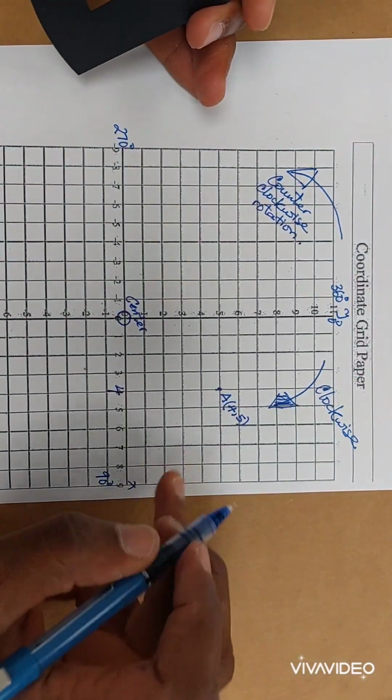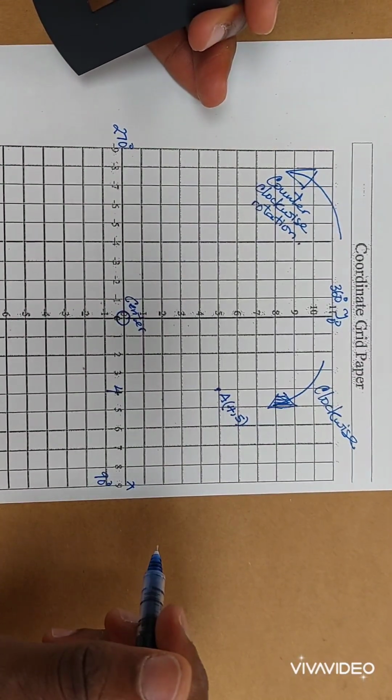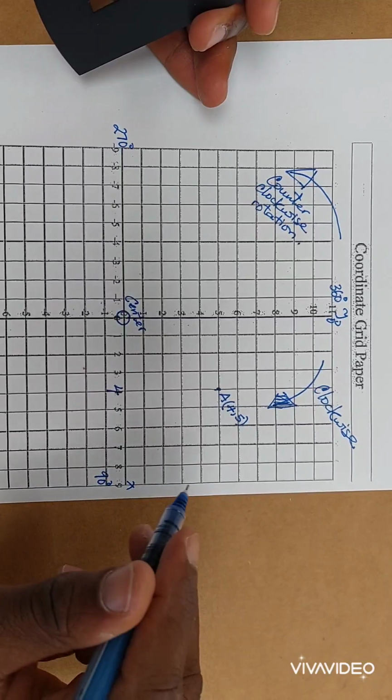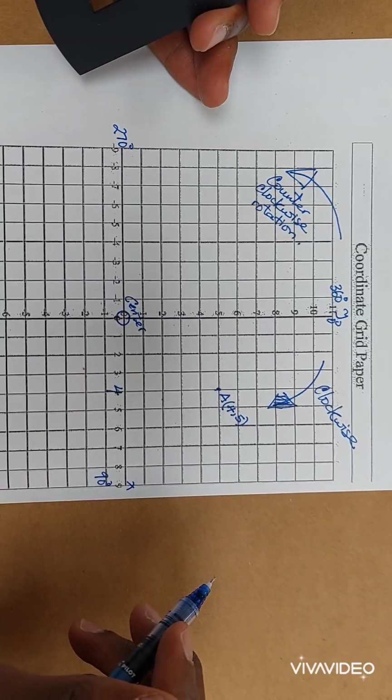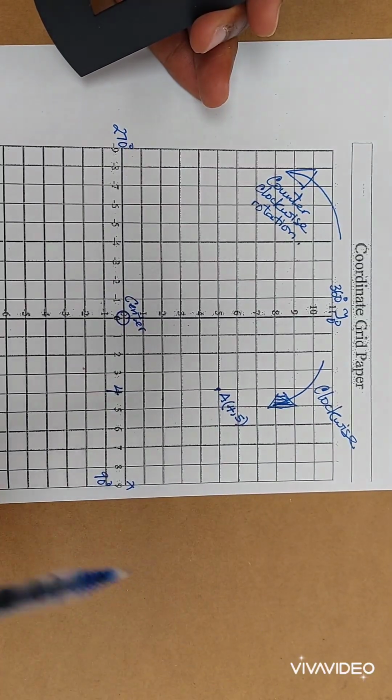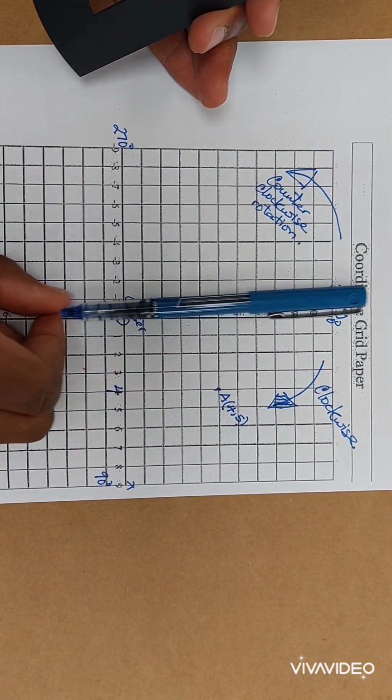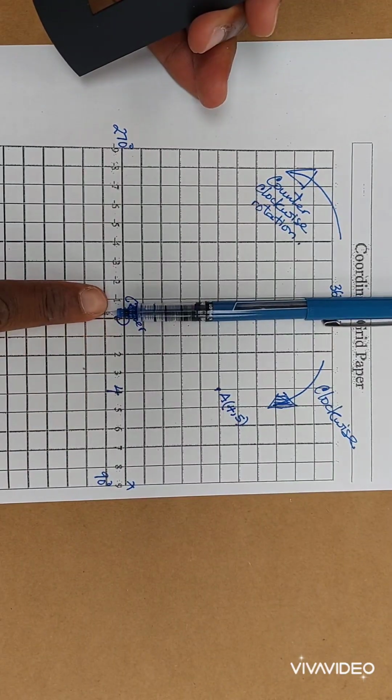A rotation is simply a turning effect about a center of rotation. Okay, and we measure a rotation in degrees. A rotation produces an angle that is measured in degrees. For example, this pen right now has a center.